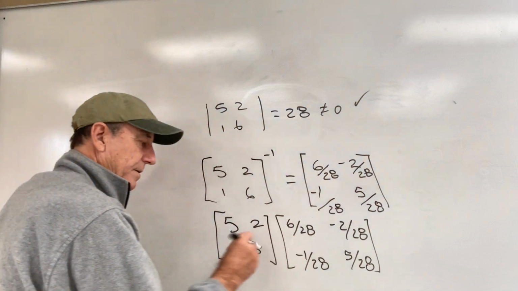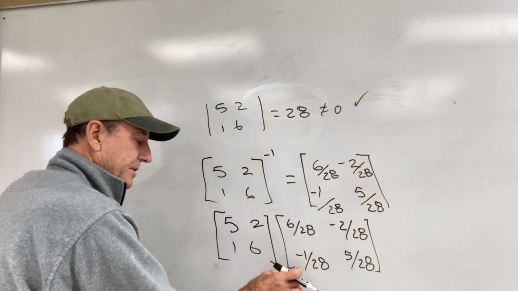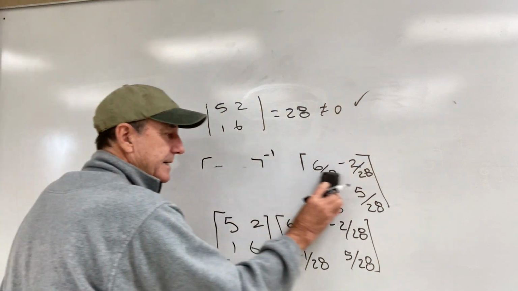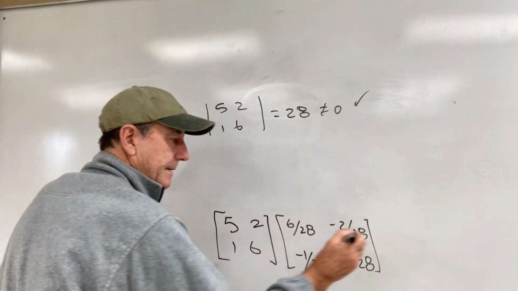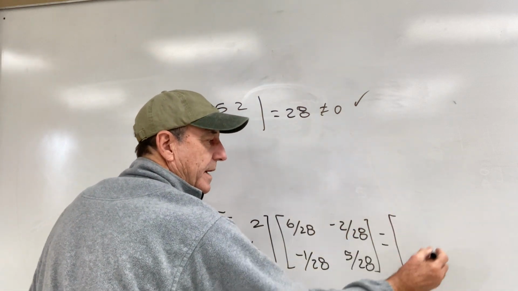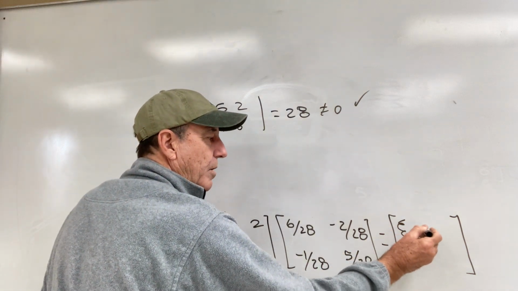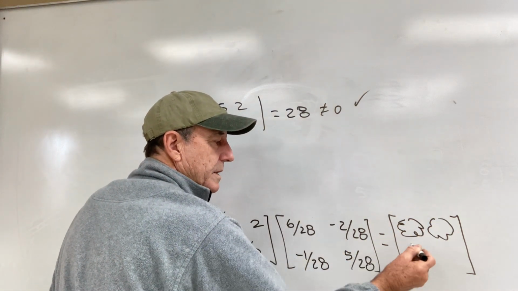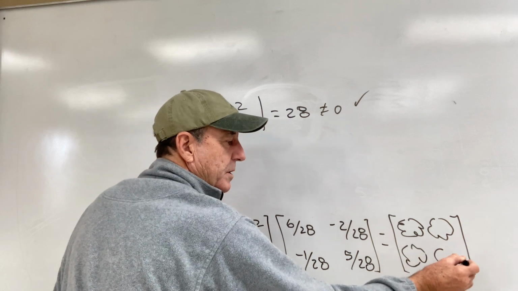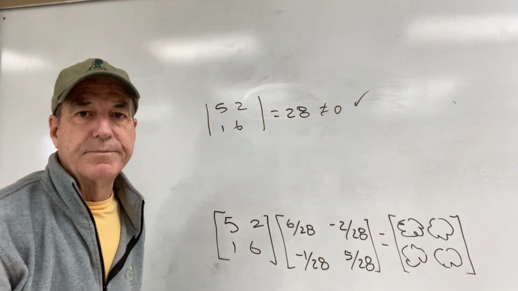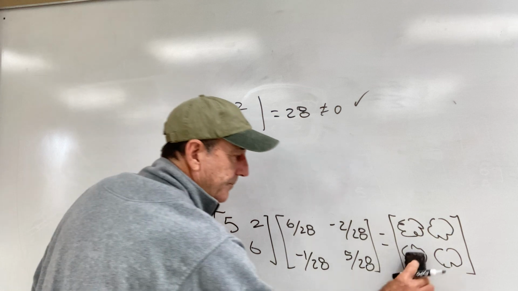The claim is if I multiply an inverse by its original, I should get the identity. Let's see that we do. Okay, so what we're expecting now is if we made all the arithmetic right, this number here should be a 1, this should be a 0, this should be a 0, and this should be a 1, right? That's what we're shooting for. Well, let's give it a shot.